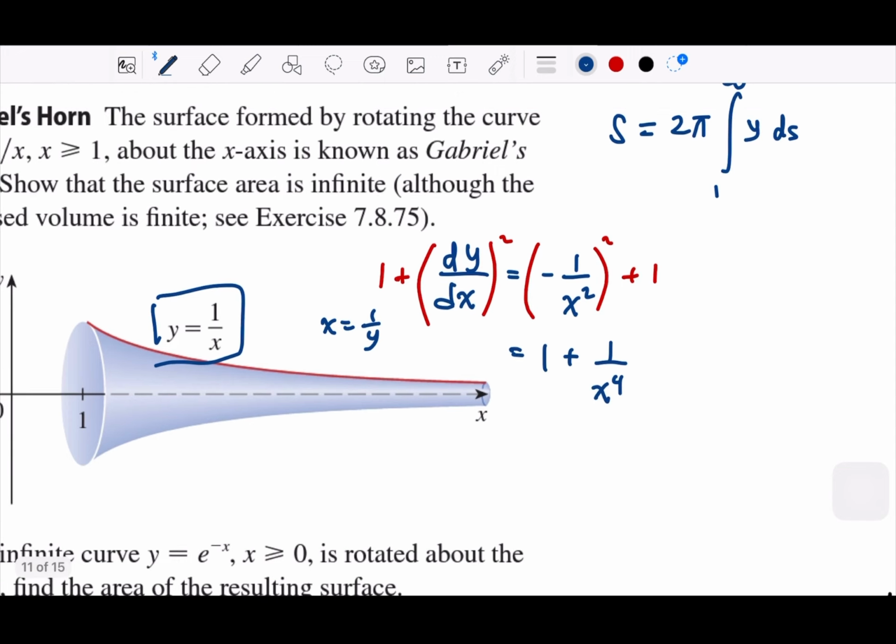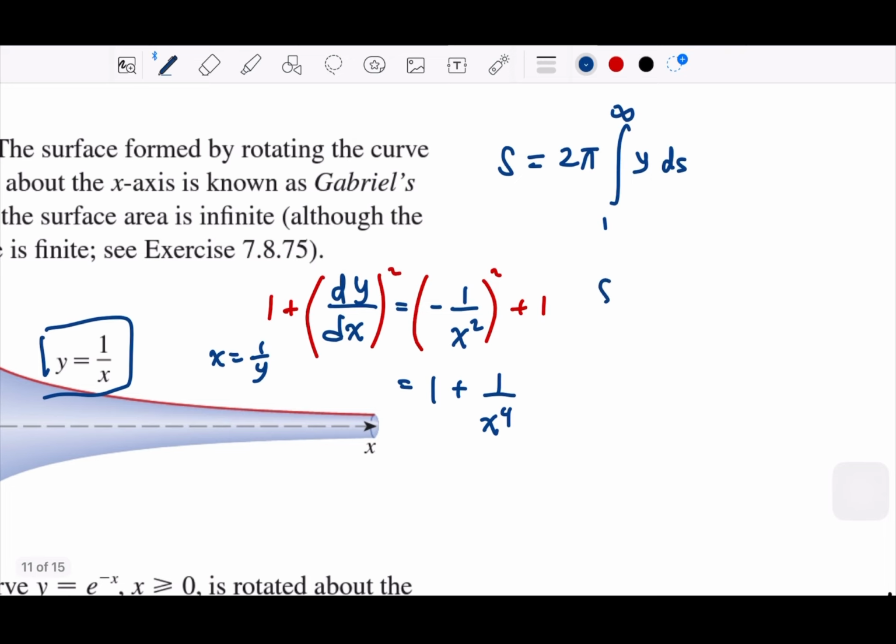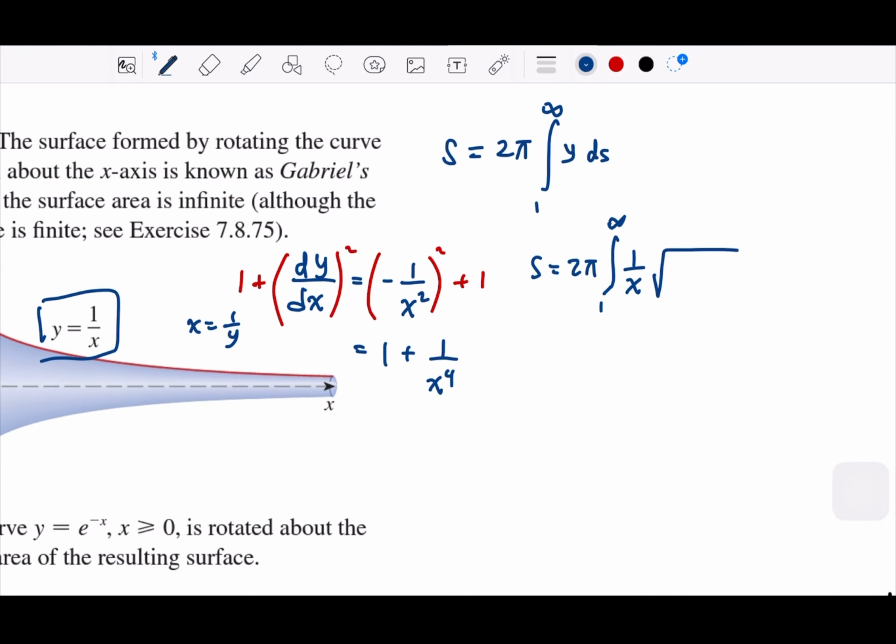So I will take this square root inside the ds. So S is the integral of 1 over x, and I will change it all into dx, times the square root of 1 plus 1 over x to the power of 4, dx.